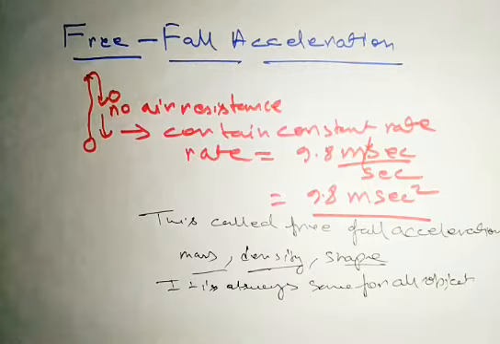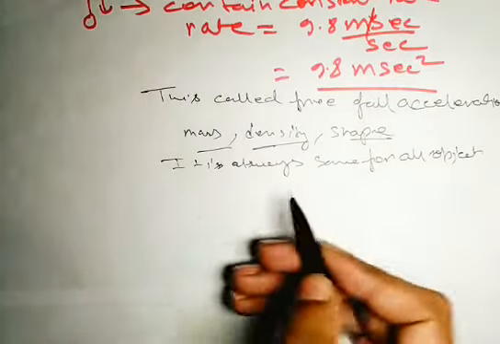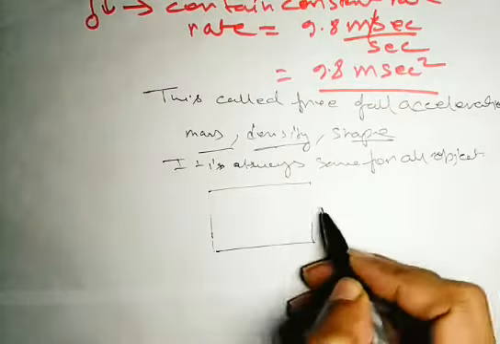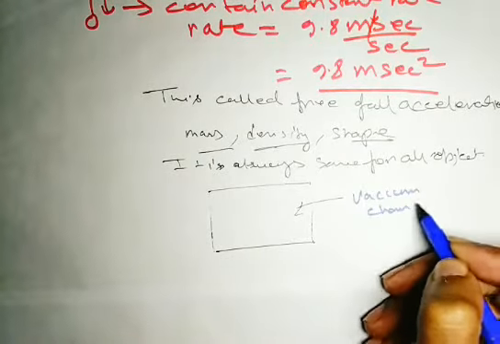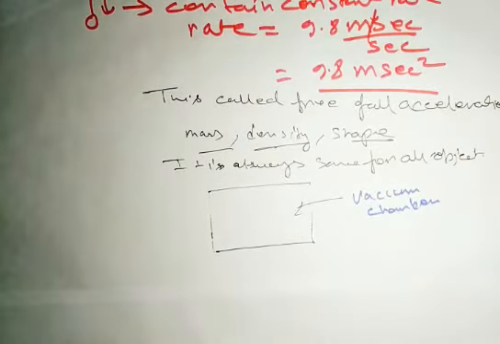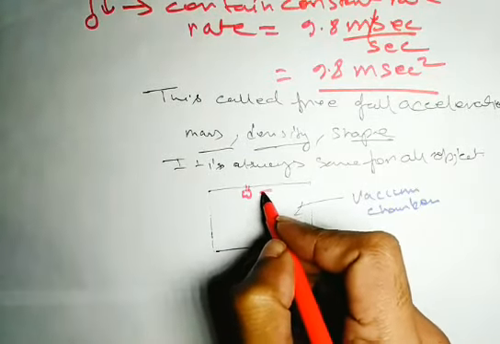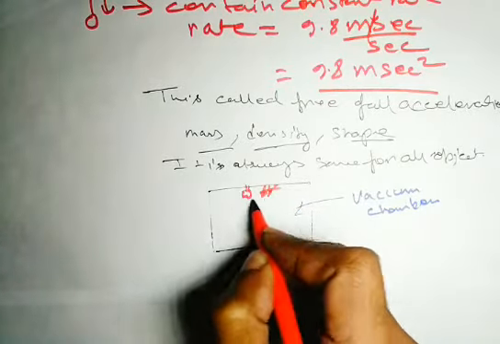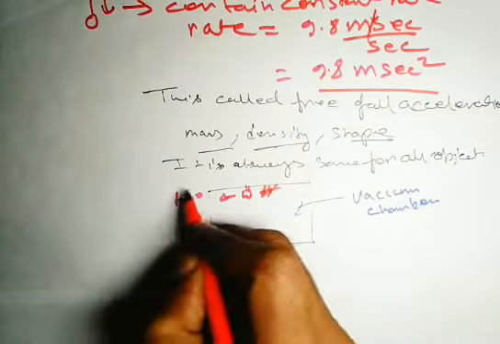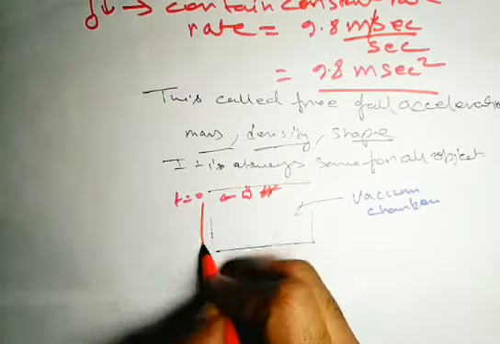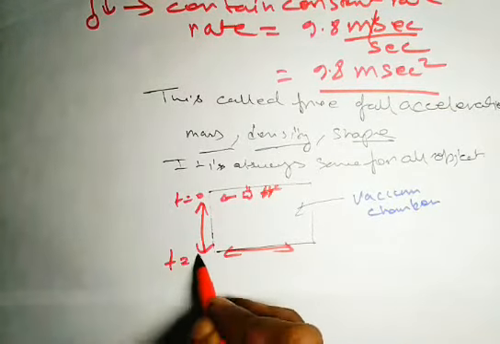So, for an example, if there is a vacuum chamber, and there is an apple or a feather, and you drop them at the same instant, t equal to 0, from the same height, then they will touch the ground at the same time instant.